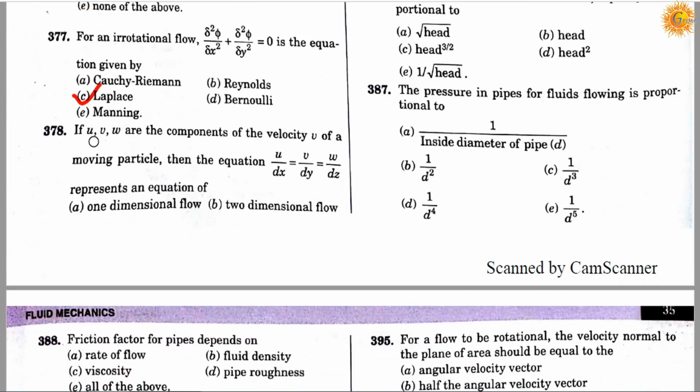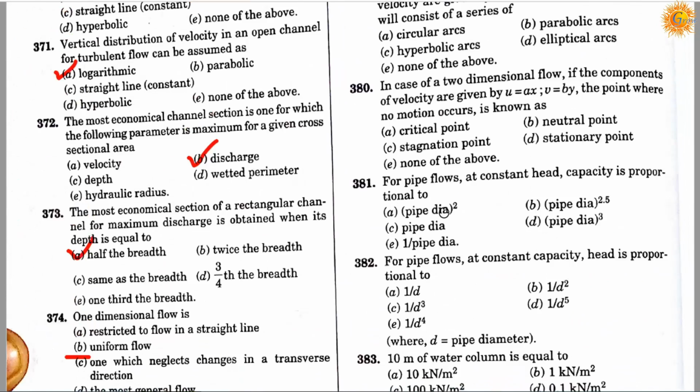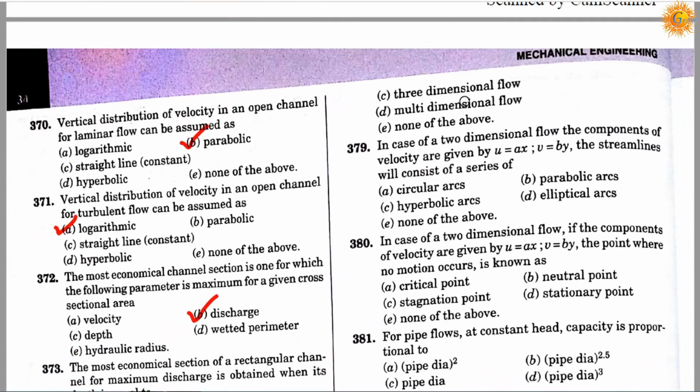Question number 378. If u, v, w are the components of the velocity v of a moving particle, then the equation dx/u equal to dy/v equal to dz/w represents an equation of: option A, one-dimensional flow; option B, two-dimensional flow; option C, three-dimensional flow; option D, multi-dimensional flow; option E, none of the above.